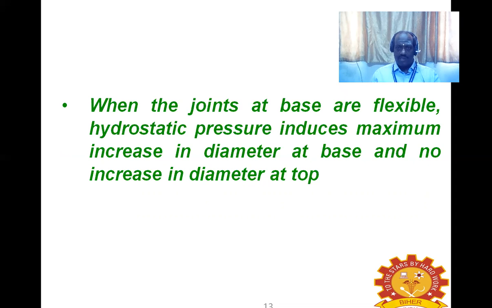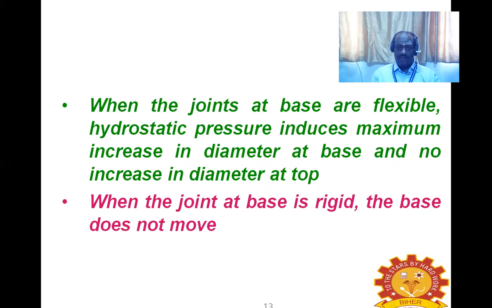When the joints at the base are flexible, the hydrostatic pressure induces maximum increase in the diameter at the base and no increase in the diameter at the top. That is the effect of the joint at the base and the wall of the tank.